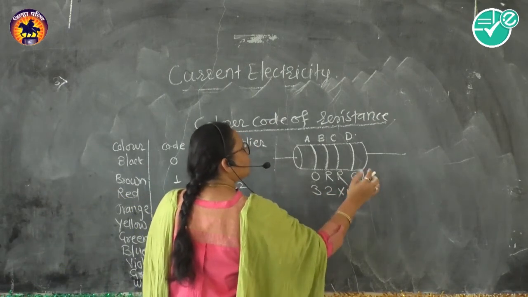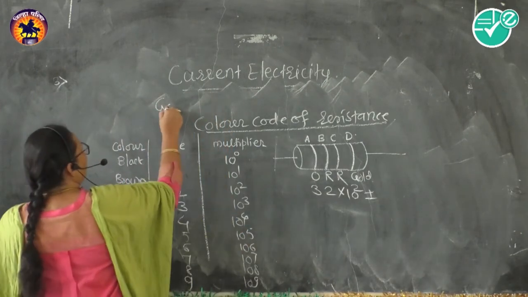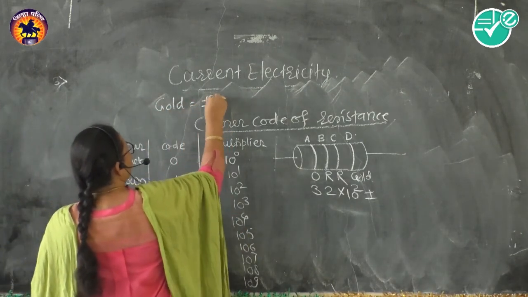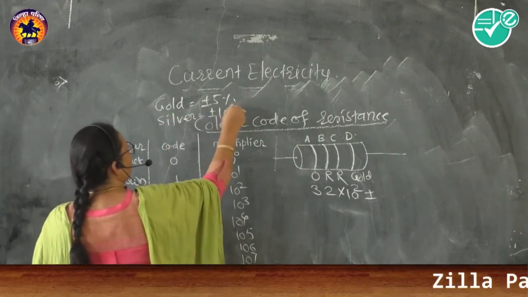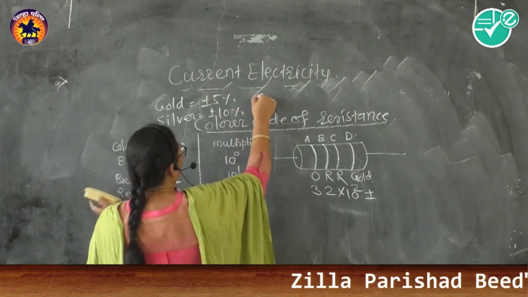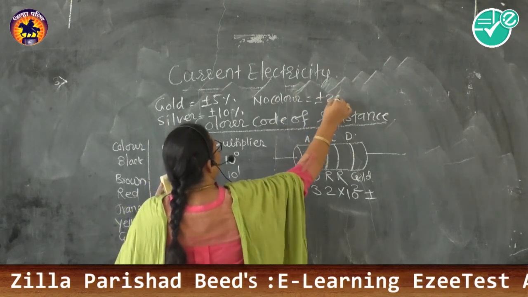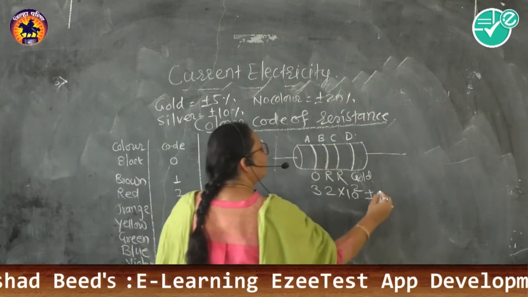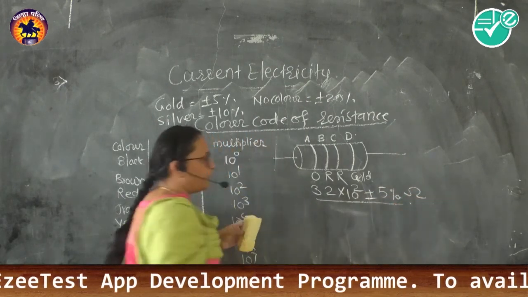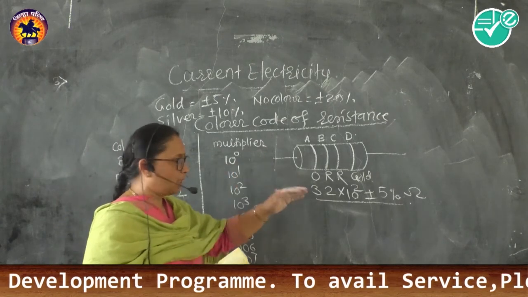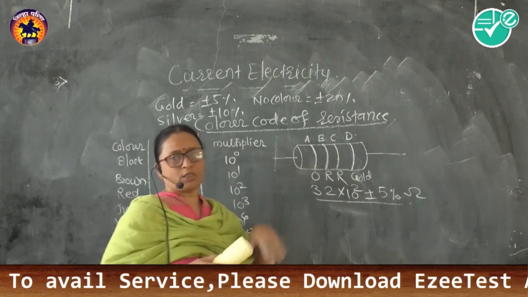And the last one is always a tolerance. For gold there is a plus or minus 5% tolerance. For silver it is plus or minus 10% tolerance, and for no color there is plus or minus 20% tolerance. If it is gold, then it is plus or minus 5% tolerance. So the value of the resistance which has color code orange, red, gold is 32 into 10 to the power 2 plus or minus 5%.